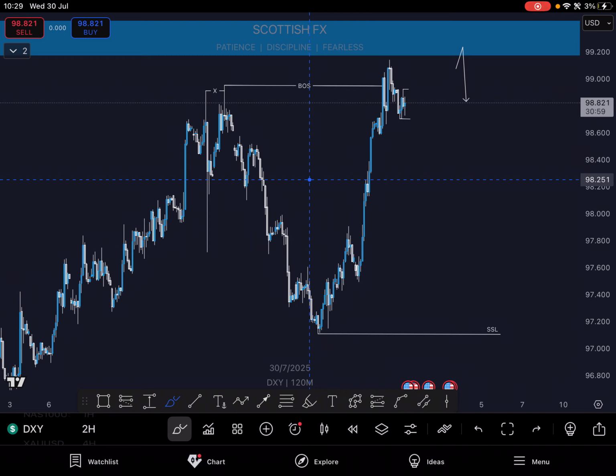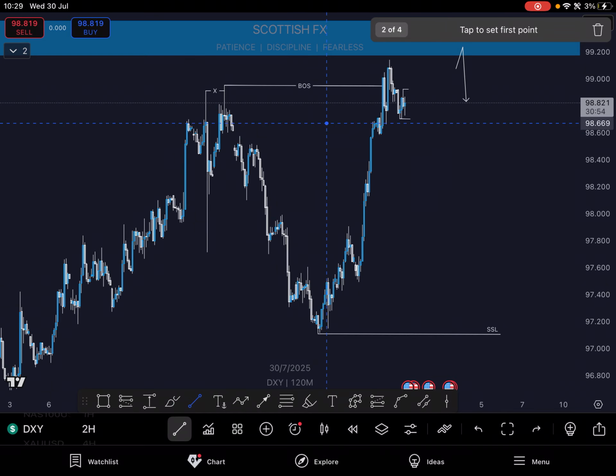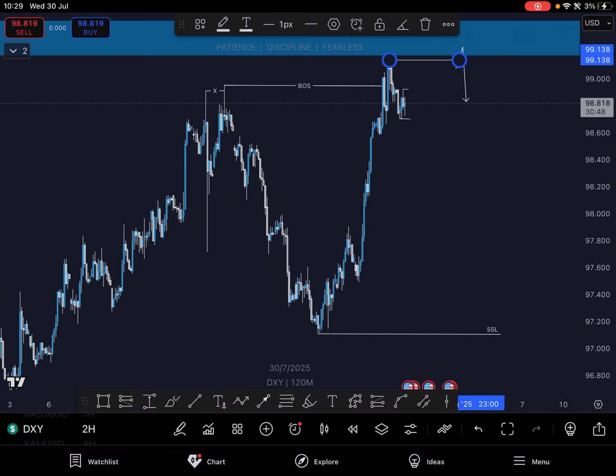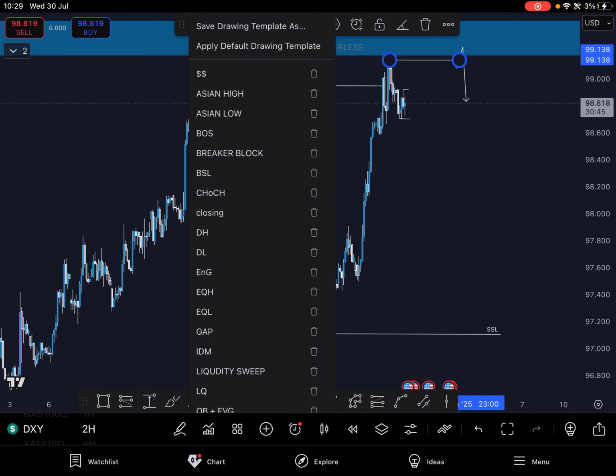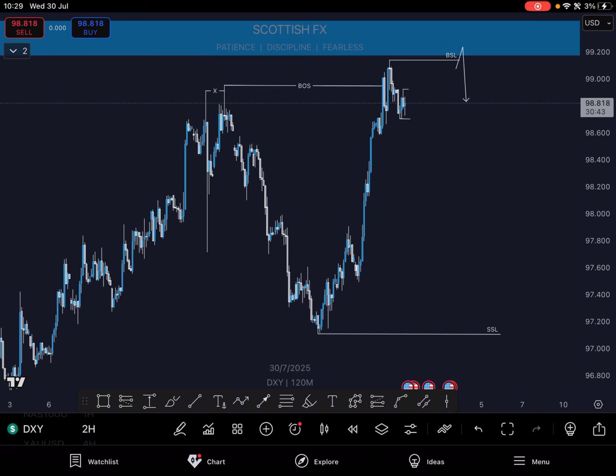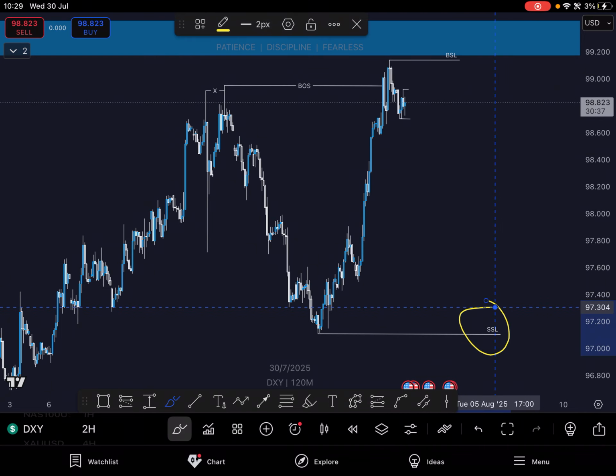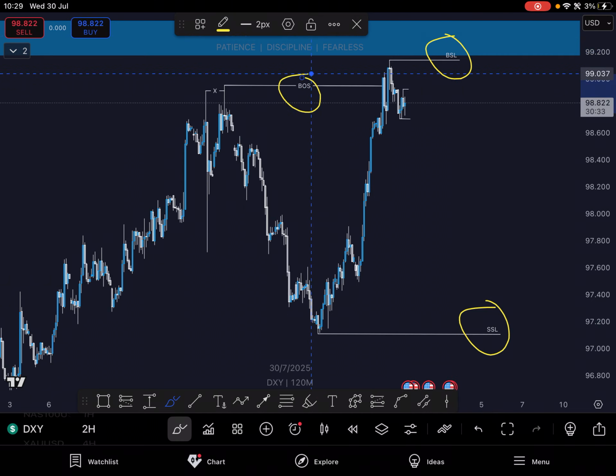So what I'm expecting now is for this market to create a buy side liquidity, and here we can tell we have a buy side liquidity. Now if you have a buy side liquidity, you need to spot your sell side liquidity. As you can tell, here we have our sell side liquidity, here we have our buy side liquidity, and we have our break of structure. So that means our market structure mapping is now complete.